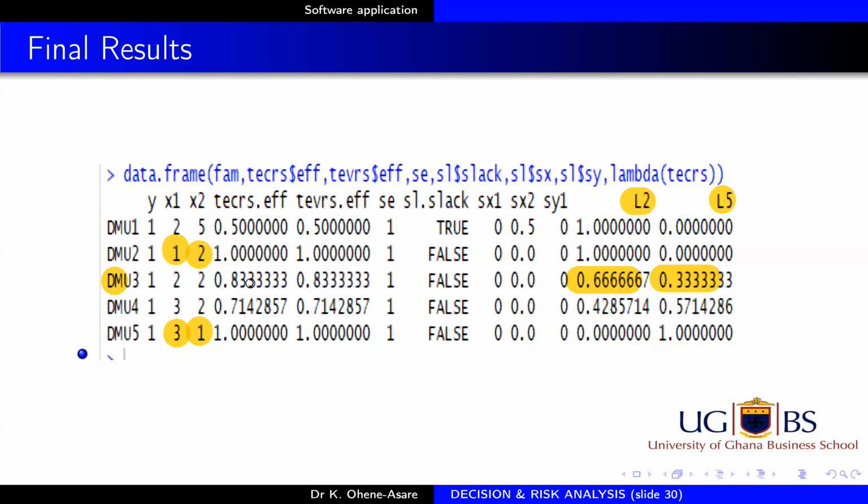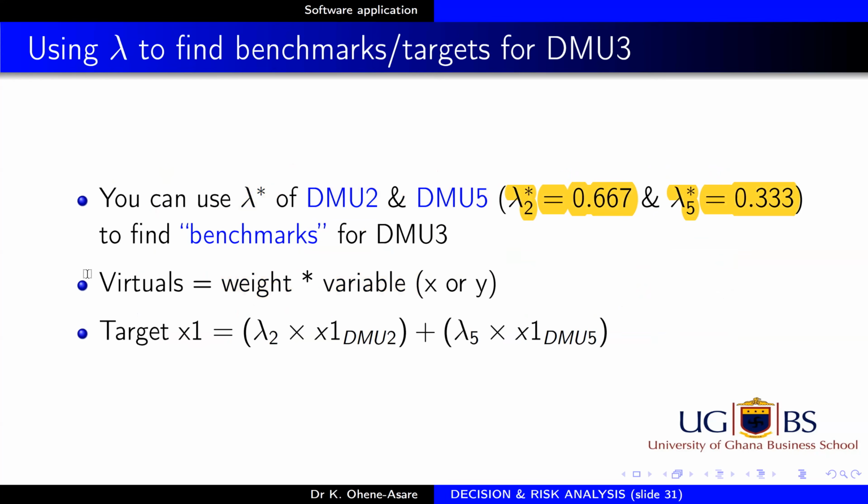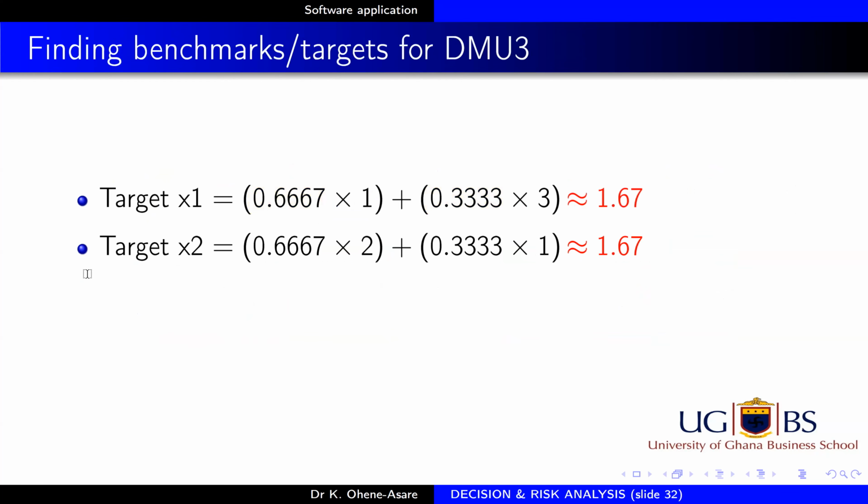So you do 0.66 times 2, and then 0.33 times 1. When you add these together, that will tell you how much you have to reduce the input of DMU3, which is 2, to where? To that number, the answer you get. It happens that that one too is 1.67. So you take the lambdas and multiply by that.